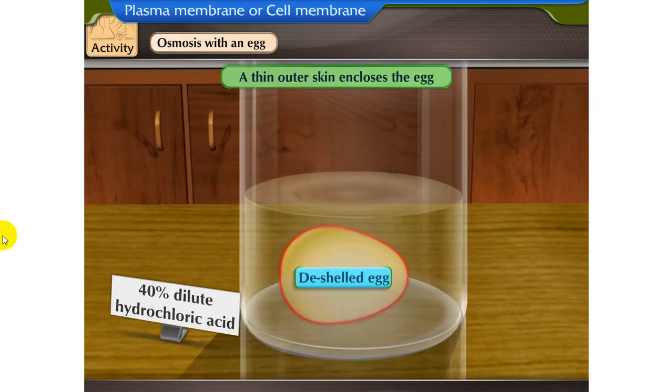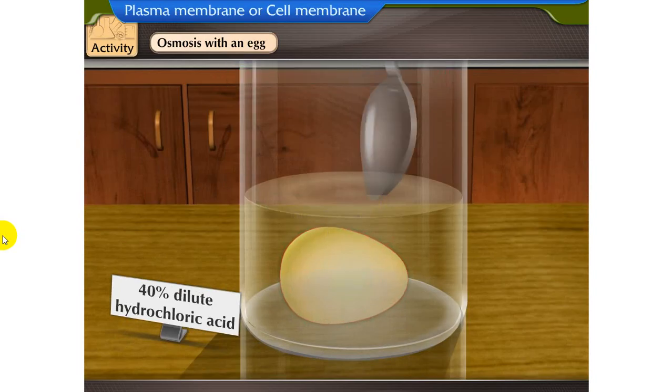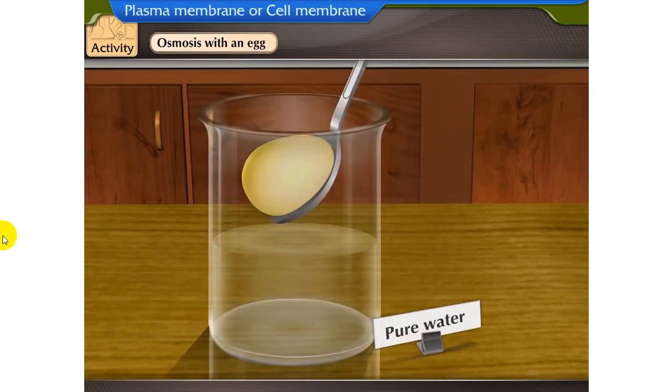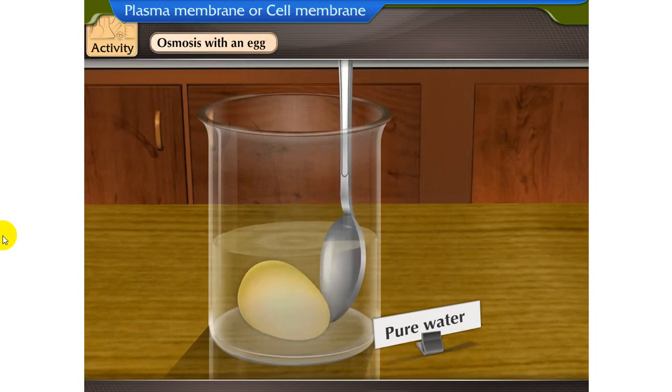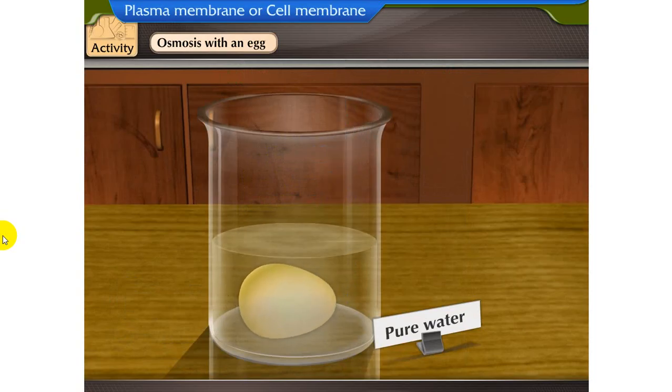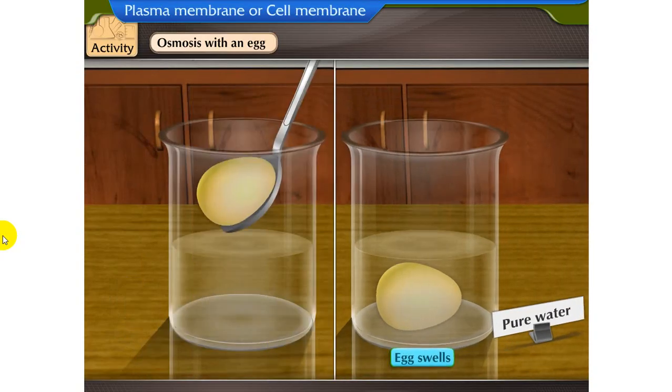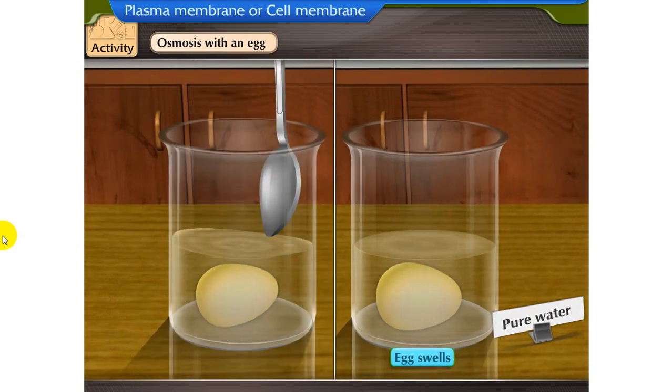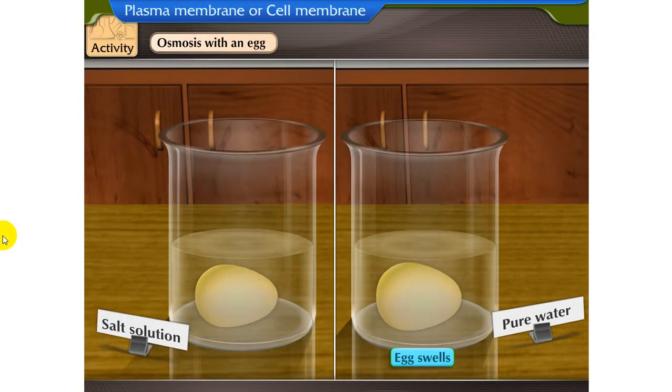A thin outer skin encloses the egg. This is the plasma membrane. When we put the egg in pure water and observe it after some time, we observe that the egg swells. When we put the deshelled egg in salt solution and observe it after some time, we observe that the egg shrinks.